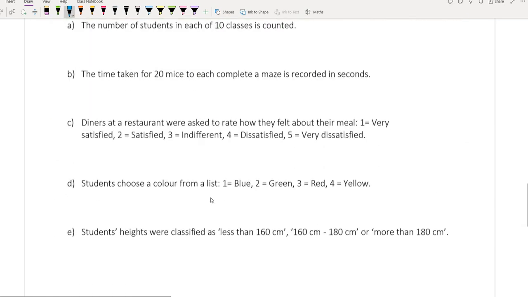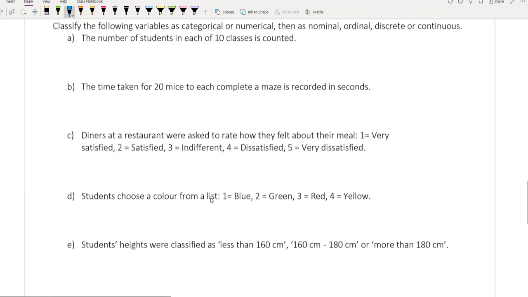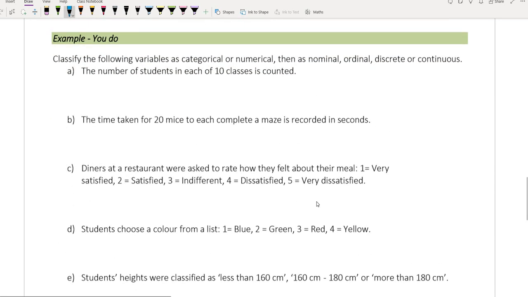Alright, so the next example here, I would like you to pause the video and do it yourself, and then come back to the video to check your answers. Alright, so you're back. Hopefully you read the question carefully. So it's asking you to do categorical and numerical, and then also identify it further to these.